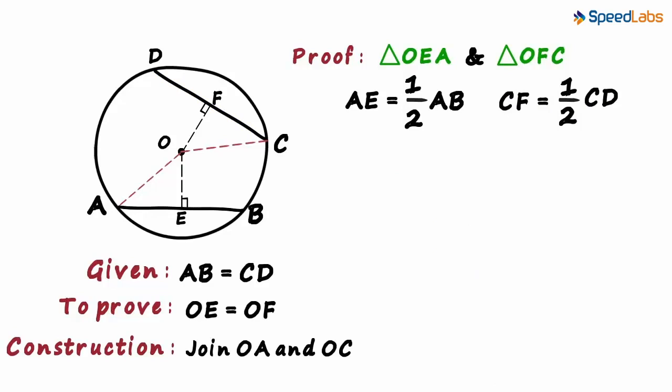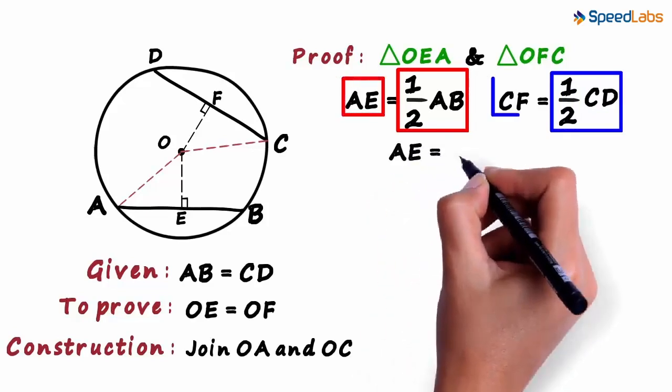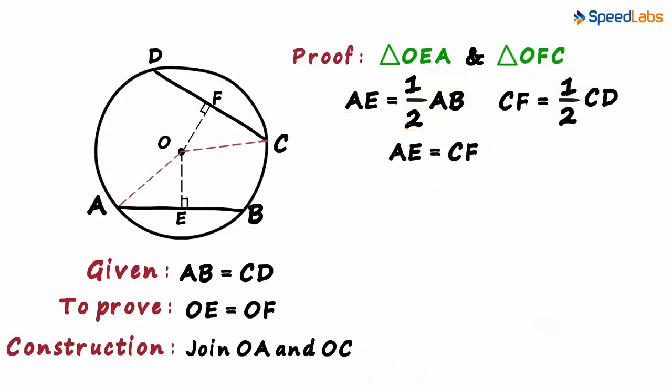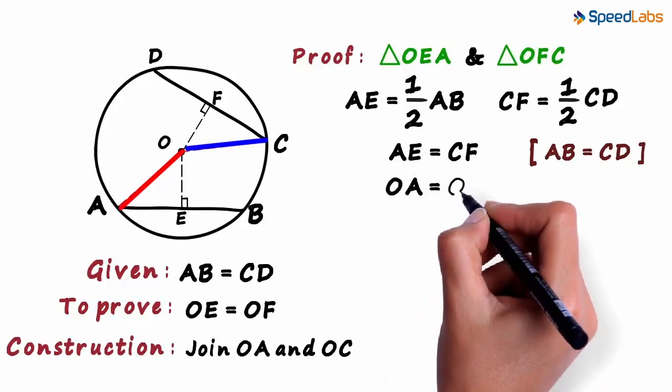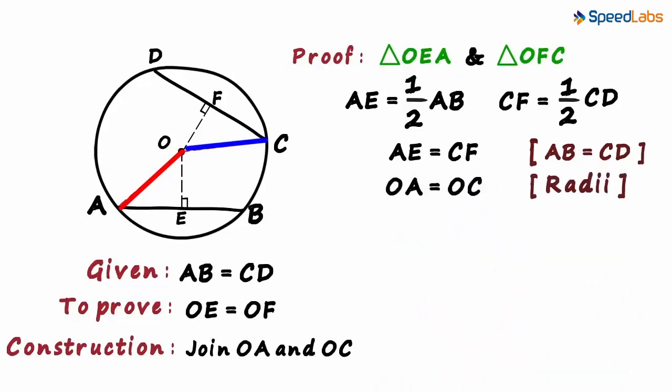Now look at this step carefully. We are given that AB is equal to CD. It means half AB will equal half CD. Because the right-hand sides are equal, we can say that AE is equal to CF. We got this result as AB is equal to CD. We also know that OA is equal to OC because they are equal radii.